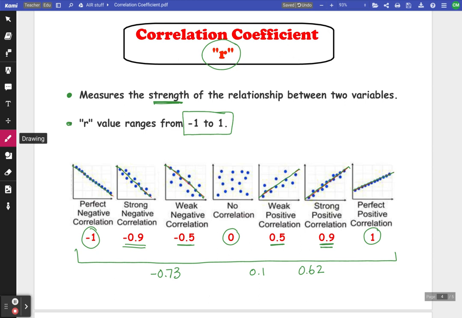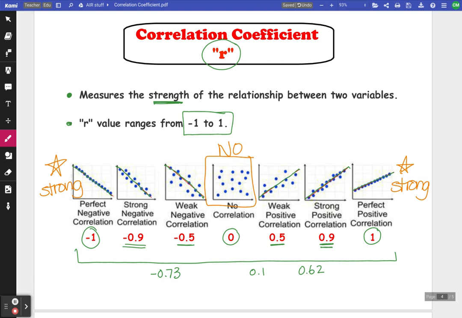Basically, these ends out here are where the strong correlations are. It can be strong positive and it can be strong negative. Strong means it's almost in a straight line. In the middle, there is no correlation at all.